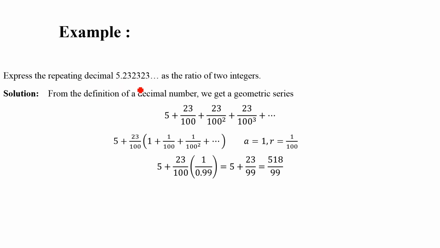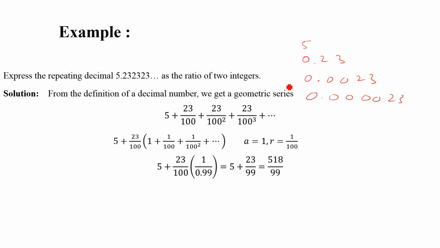So express the repeating decimal as the ratio of two integers. Now from the definition of decimal numbers, we get a geometric series. It can be written as 5 plus 0.23, plus 0.0023, plus 0.000023.